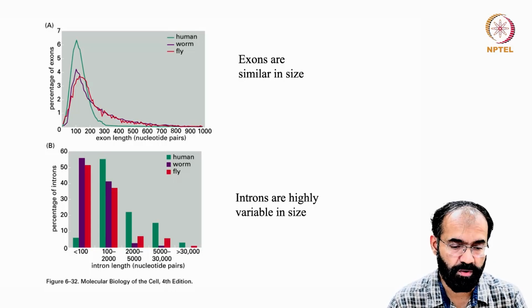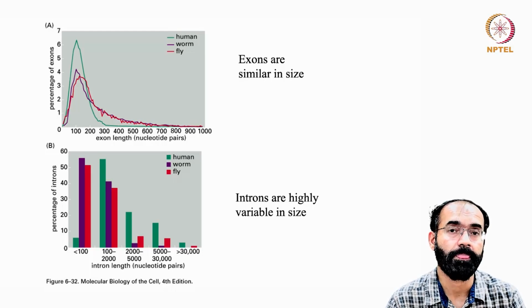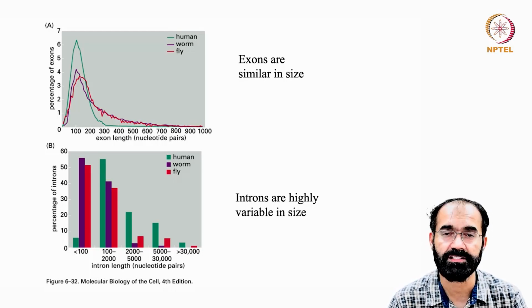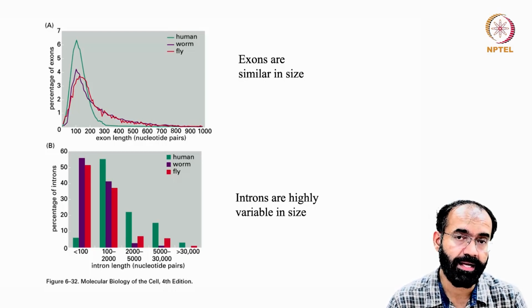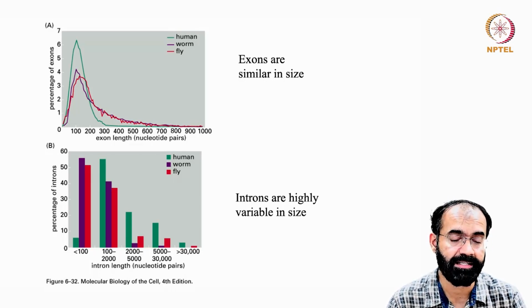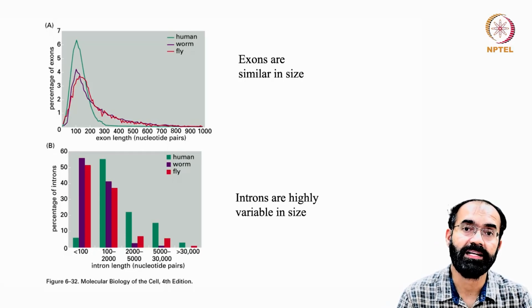Whereas introns, when you compare the same human, worm and fly: remember, exons were measured in nucleotides, and introns also, but now the numbers are huge, because introns, we know, are by and large much larger than the exons. The y-axis shows the percentage of introns and the x-axis has bracketed numbers: less than 100 base pairs, 100 to 2000, 2000 to 5000, 5000 to 30,000, and more than 30,000 bases.